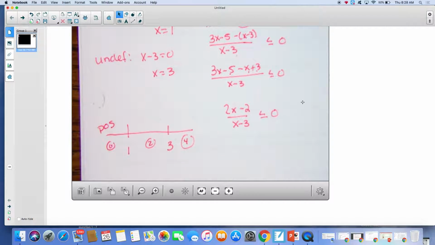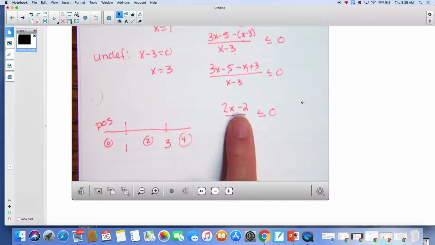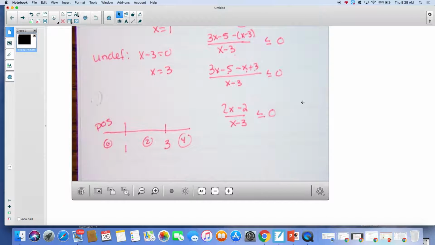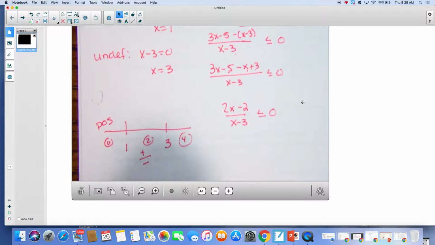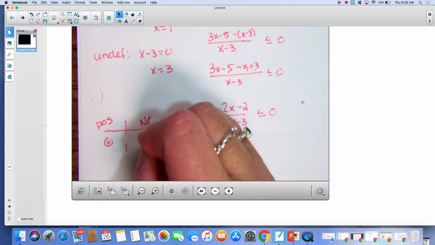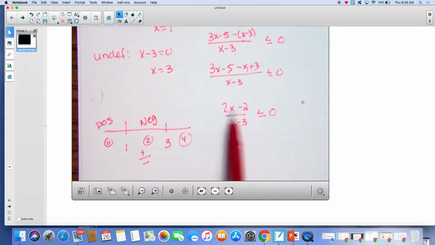When I plug in 2, well, do you get a positive or negative number at the top? Positive on top, negative on bottom, so the whole thing is negative. And then 4, we're going to get a positive on bottom, positive on top, so positive here.